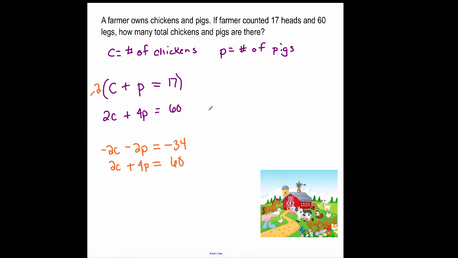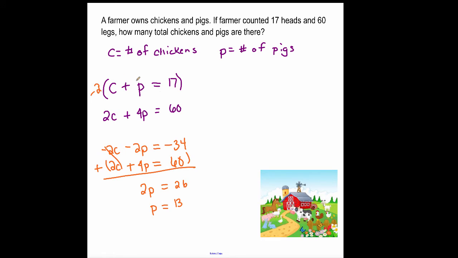Because my coefficients are opposite, I'm going to add my two equations together. Negative 2C and 2C, they cancel out. Negative 2P and 4P, that gives me a positive 2P. Negative 34 and 60, if I add that together, I get a positive 26. And then if I divide both sides by 2, I find that P is equal to 13. So there are 13 pigs.